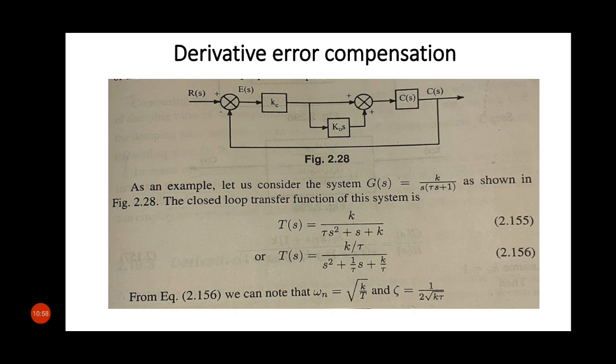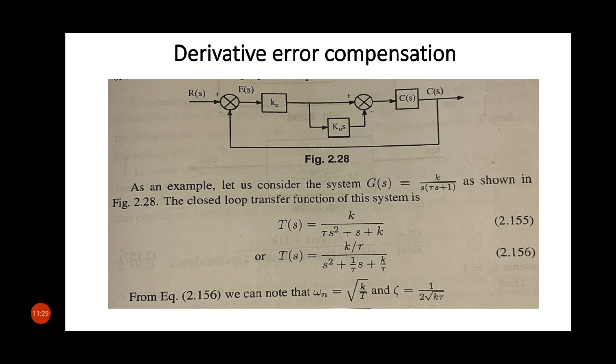For the system shown in figure 2.28, this type of compensation is introduced by using an amplifier which provides an output signal containing two terms. One is proportional to the derivative of the error signal and the other is proportional to the error signal.